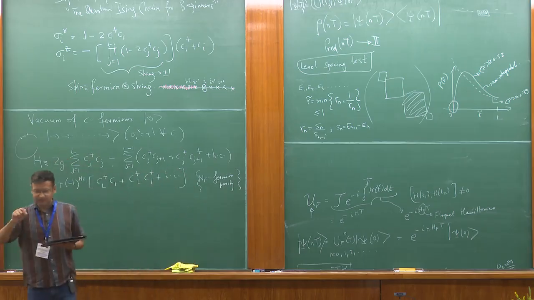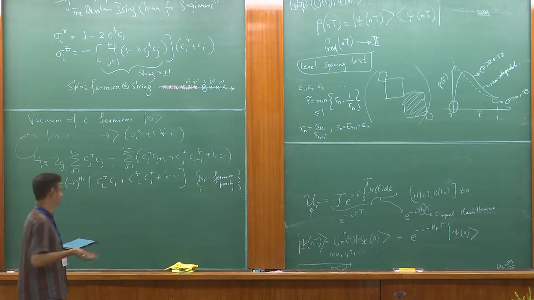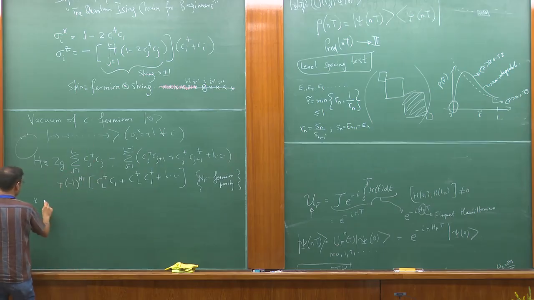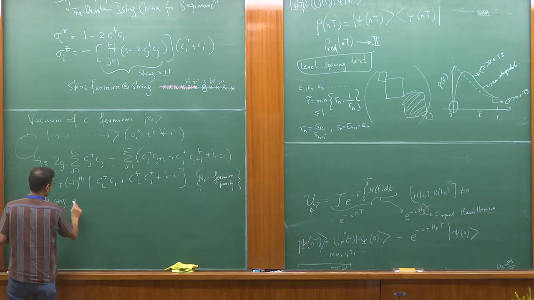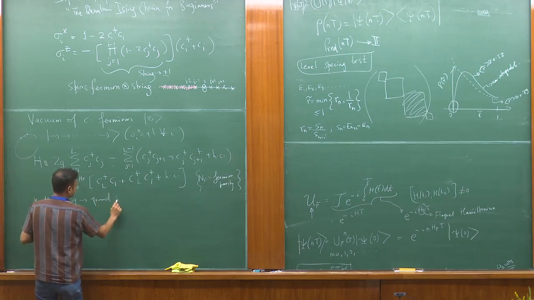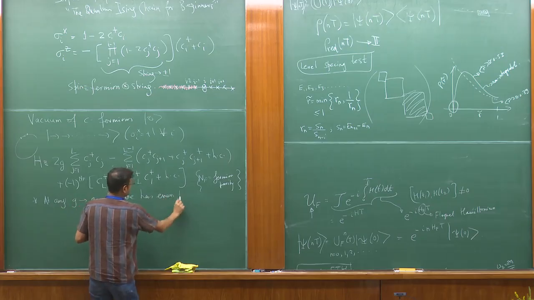But if you solve for the ground state at any coupling G and calculate its fermion parity, it turns out to be an even parity. So that is something which you can try to understand. So basically, at any G, the ground state has even parity.